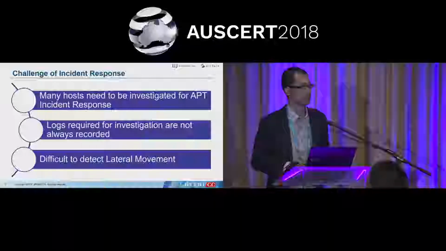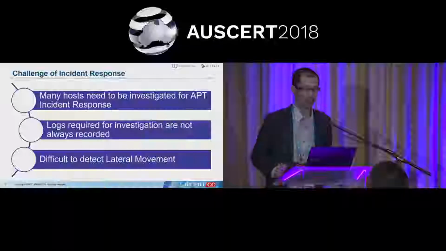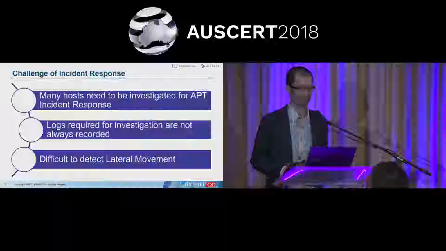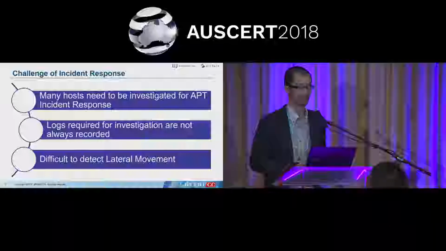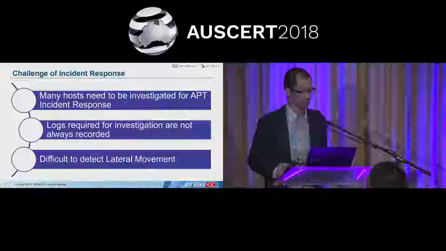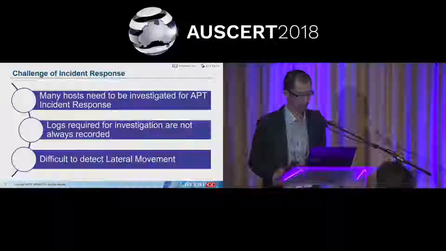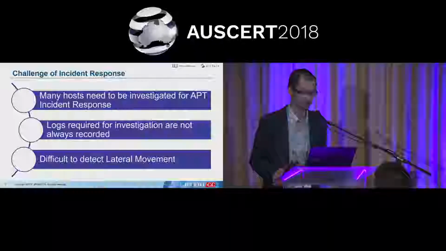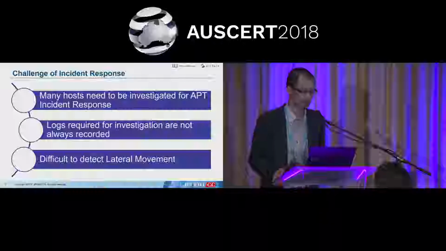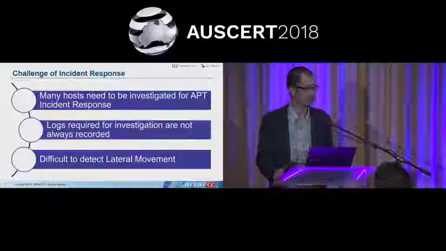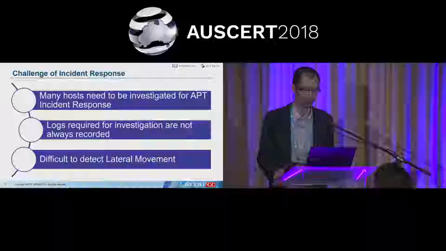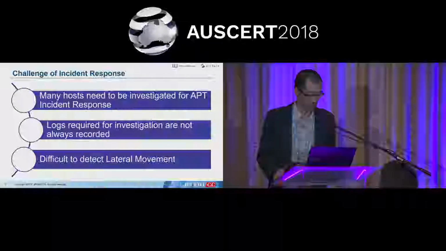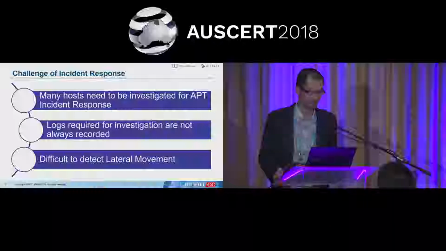Before I get into the main topics, I would like to talk about some issues in DFIR at APT incidents. First, many hosts need to be investigated at APT incident response. An attacker that has intruded into a network usually infects many hosts and servers, spreading the infection within the network.